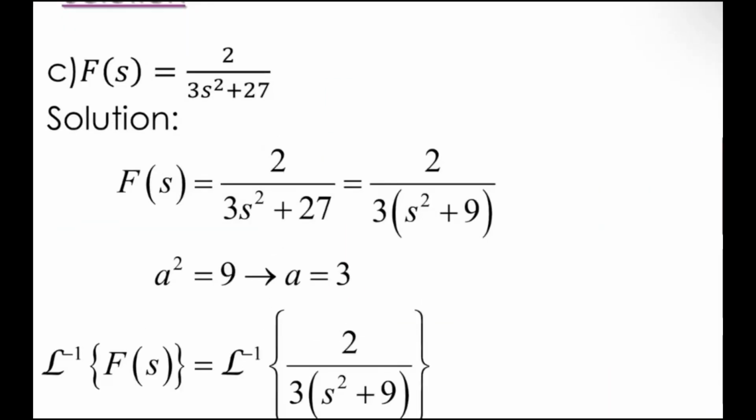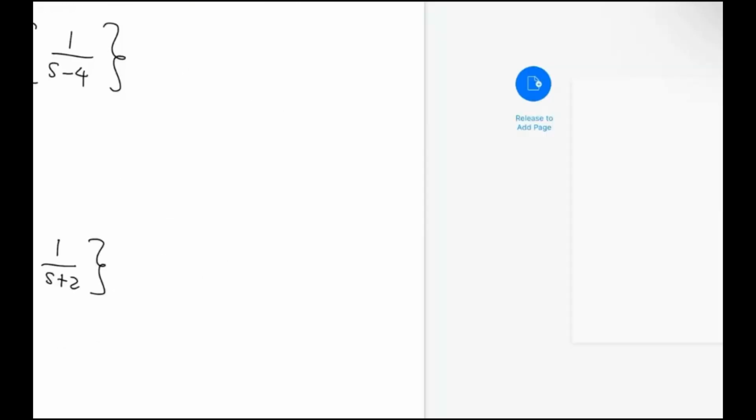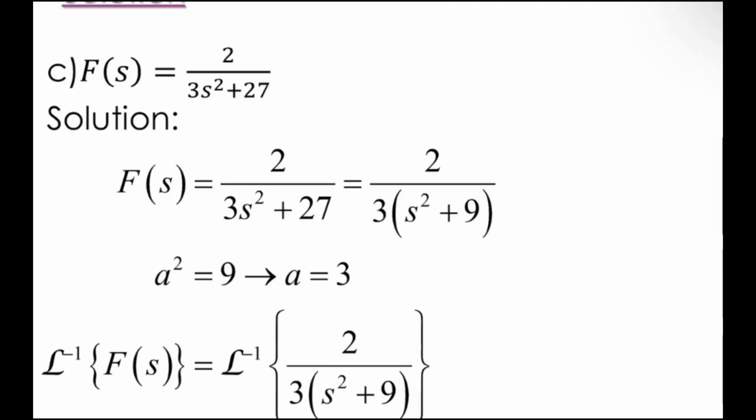Okay, let's see this one. 2 over 3s squared plus 27. So we have F(s) equal to 2 over 3s squared plus 27.